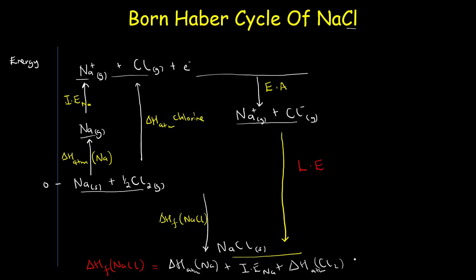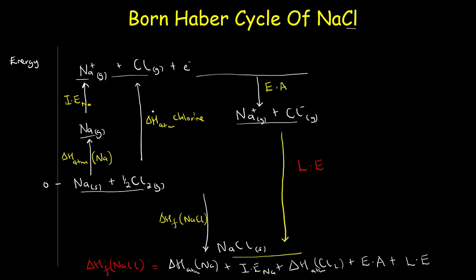Then plus the electron affinity, which has a negative value because it's exothermic, plus the electron affinity of our chlorine atom, then plus the lattice energy. So in case any of these is needed, usually they will give you the values of the others, so that you can just make it the subject and find its value.